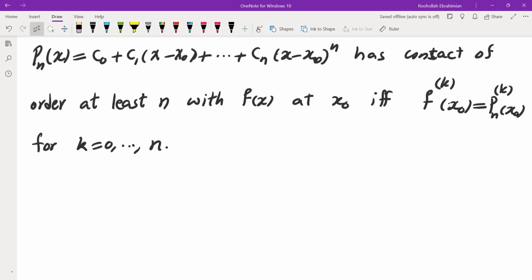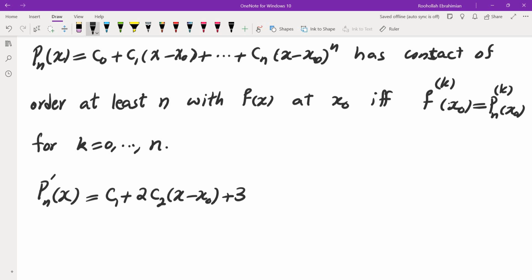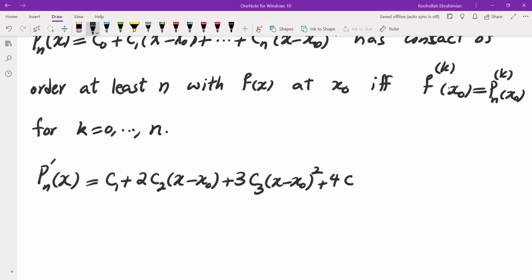So let's evaluate derivatives of Pn at x0. Let's evaluate Pn prime of x. Pn prime of x would be: c0 becomes 0, c1 times x minus x0 becomes c1, c2 becomes 2c2 times x minus x0, the third one becomes 3c3 times x minus x0 squared, the next one would be 4c4 times x minus x0 cubed, and finally, the last one becomes n cn times x minus x0 to the power of n minus 1.